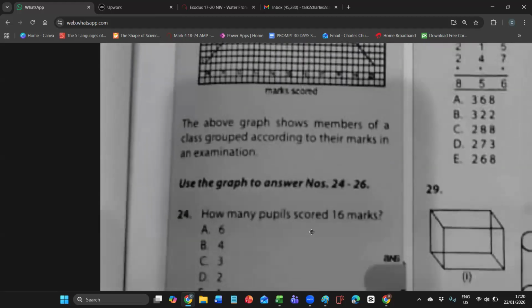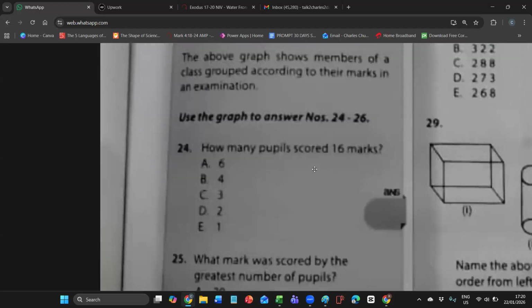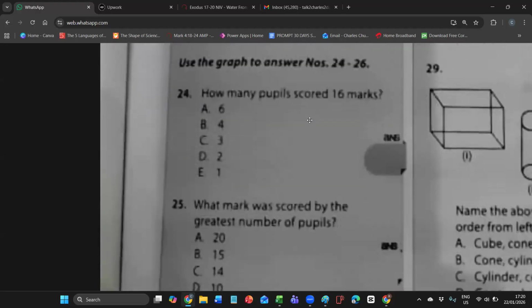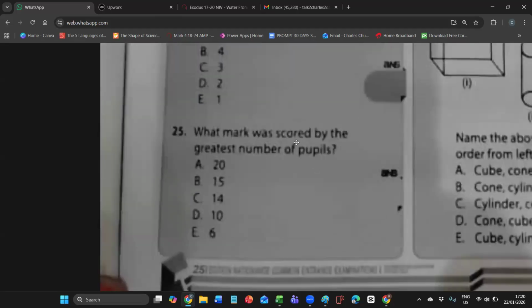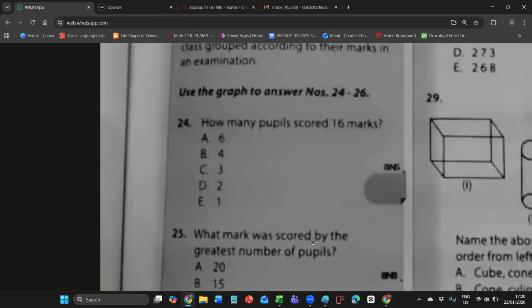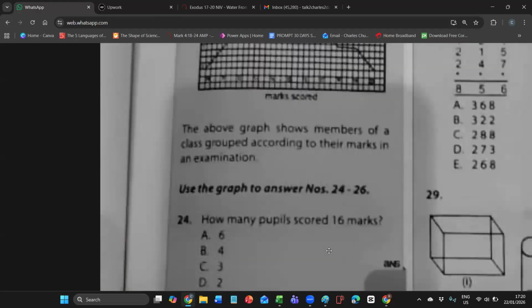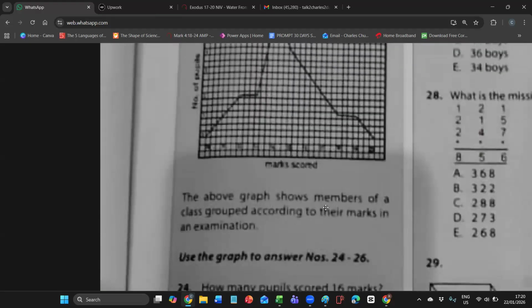They might want to find out how many people got above 16 marks or scored the highest number of marks. They may be using it to make a decision. That means more people understand the subject or something like that. It can be for any reason.